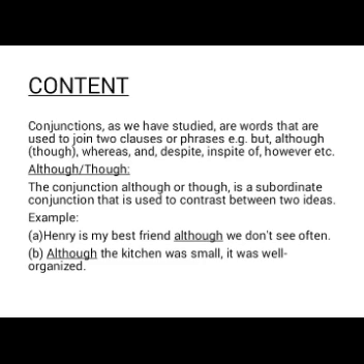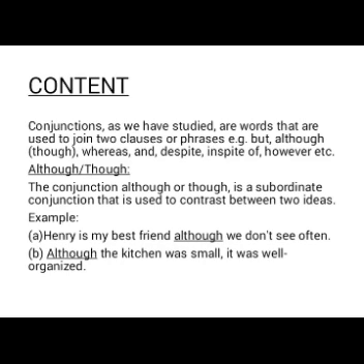This conjunction is a subordinate conjunction that is used to contrast between two ideas. For example, 1. Henry is my best friend, although we don't see often. You can see that in this sentence, the conjunction although is in the middle of the sentence. Example 2.